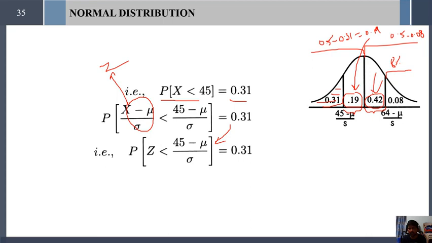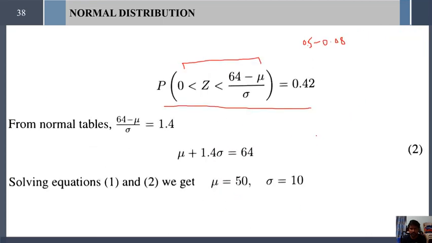So for this value, Z lying between these two ordinates, the area is 0.42.